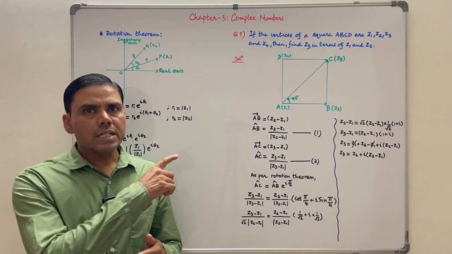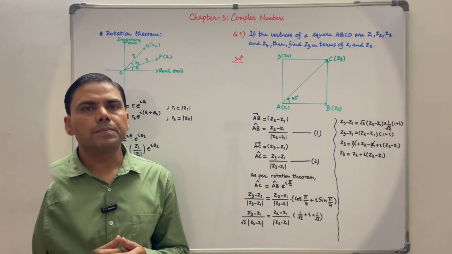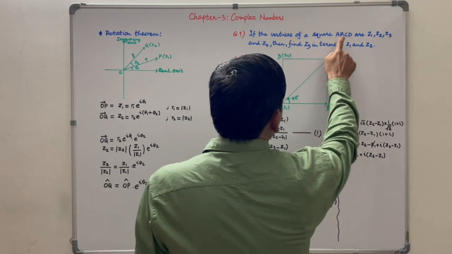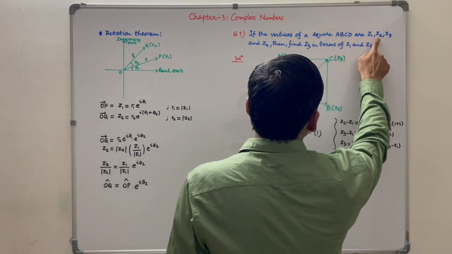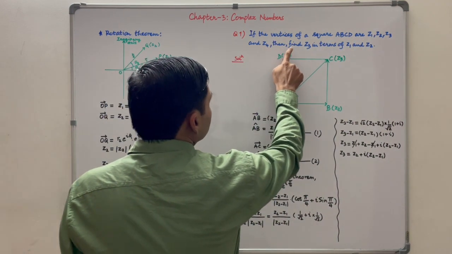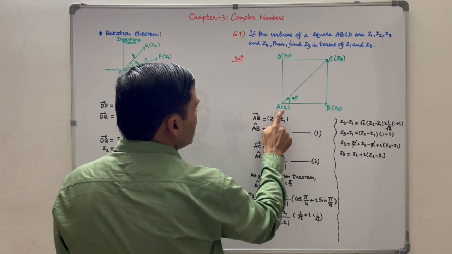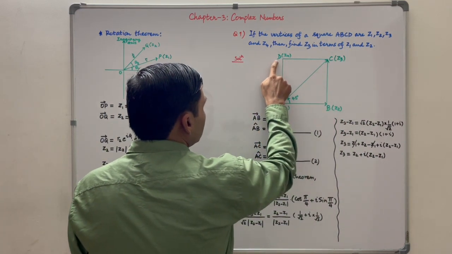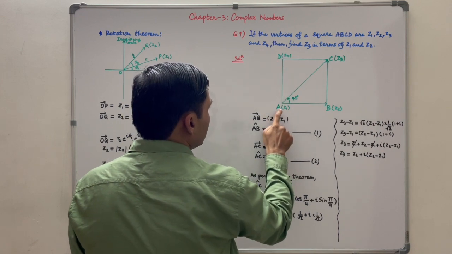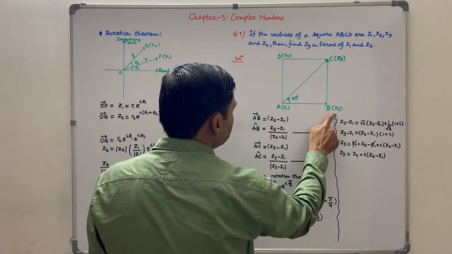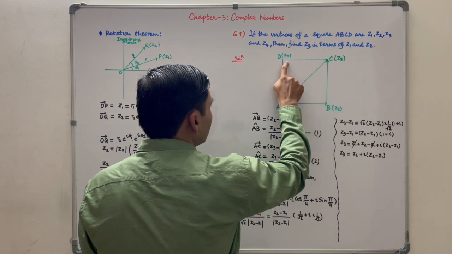Let us see one question based on the rotation theorem. If the vertices of a square ABCD are Z1, Z2, Z3 and Z4, then find Z3 in terms of Z1 and Z2. Suppose ABCD is a square whose vertices are represented by complex numbers Z1, Z2, Z3 and Z4.